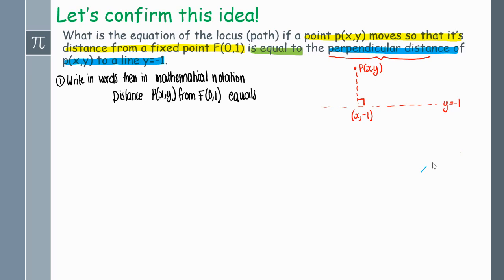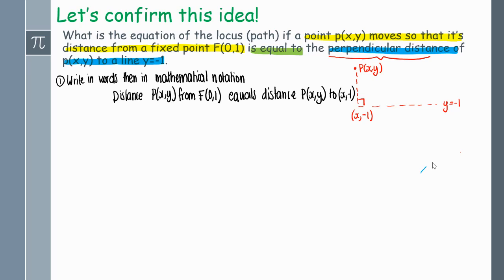So I'm really looking at the distance from P(x, y) to this point on the line, (x, -1), because my x-coordinate will stay the same straight down, and we know my y-coordinate on that line is always going to be -1. So we can say that the distance of P(x, y) from F(0, 1) equals the distance of P(x, y) to my point (x, -1).